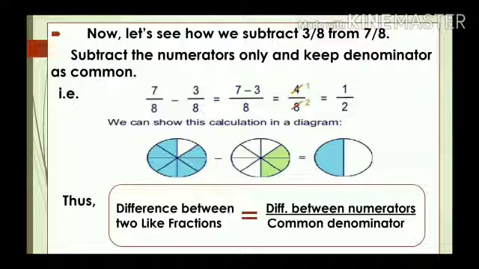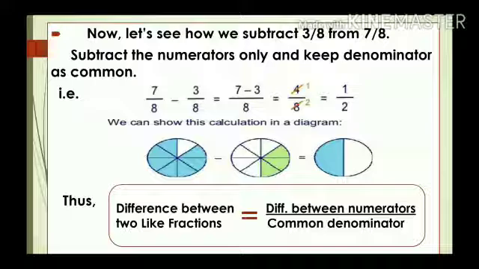And again we subtract the numerators only. So 7 minus 3 is 4 upon 8 as common. Now here you can write the simplest form of this 4 upon 8 because it is equivalent to 1 upon 2. If you divide both numerator and denominator by 4, you get 1 upon 2.